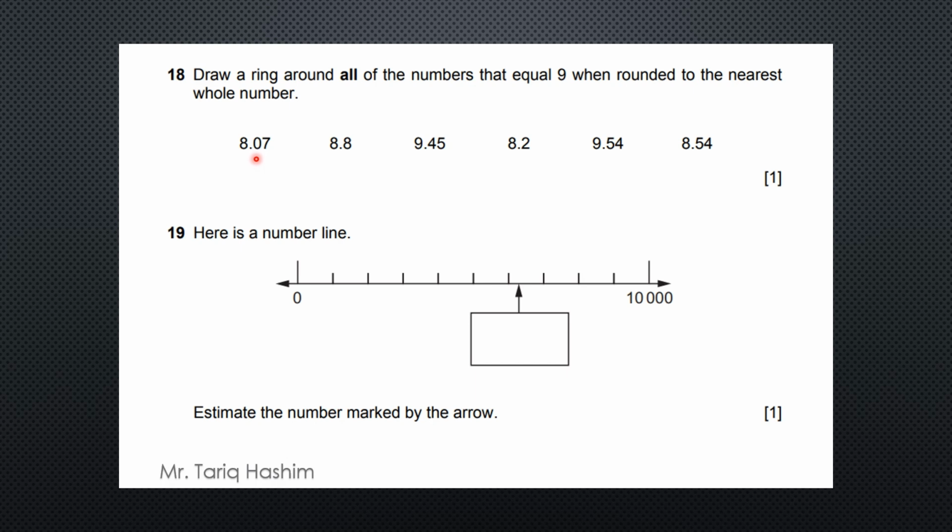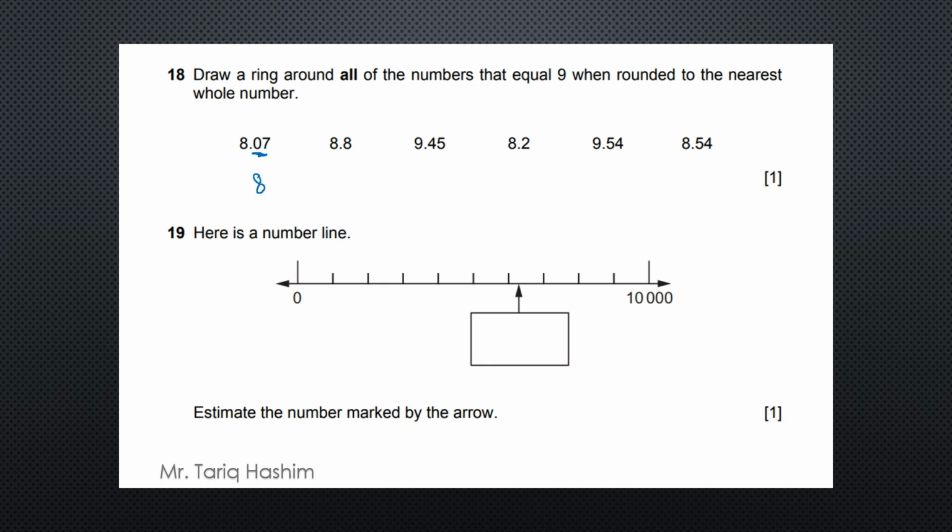If this number is 5 or more, we have to round the number up, so 8 will be 9. And if this number after the decimal point is less than 5, we will just keep the number as it is. So obviously here we have 0 after the decimal point, so we'll just keep it as 8.